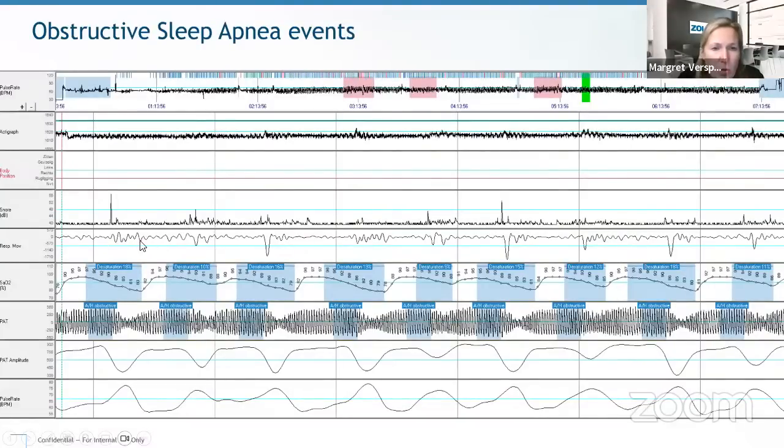Then we see the respiratory movement. This is the saturation curve with the desaturations. This is the PAT signal, the PAT amplitude, and the pulse rate. What we see is that in this 5-minute window, we see 1, 2, 3, 4, 5, 6, 7, 8, 9 events in 5 minutes.